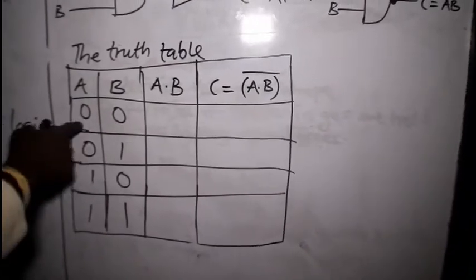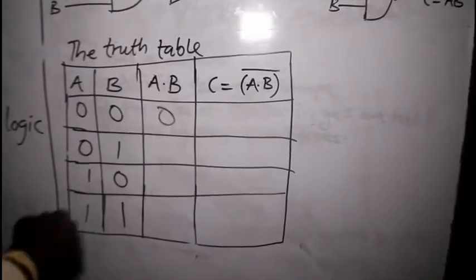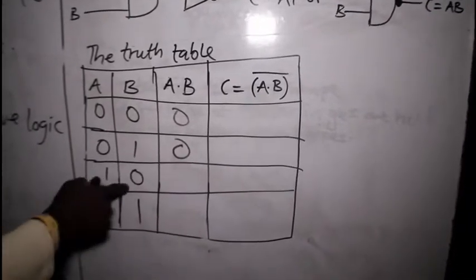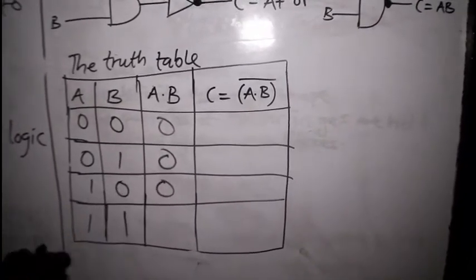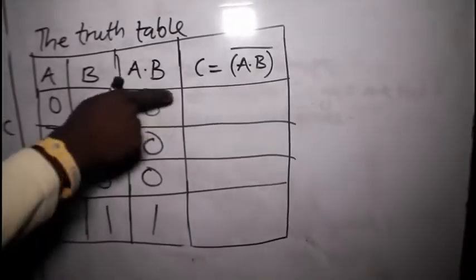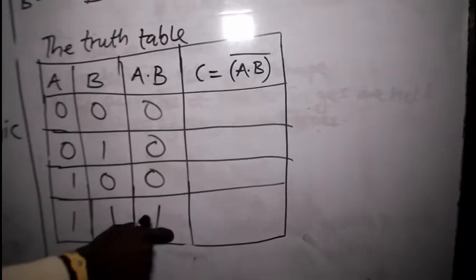So where both inputs are not 1, our output is 0. But where both inputs are 1, we have an output of 1. This is the output of an AND gate.